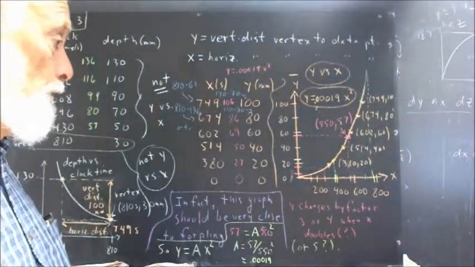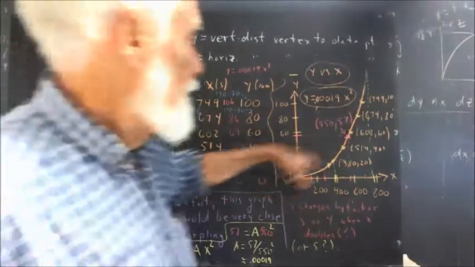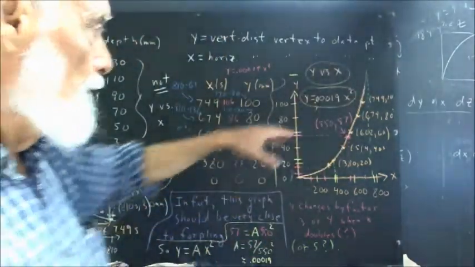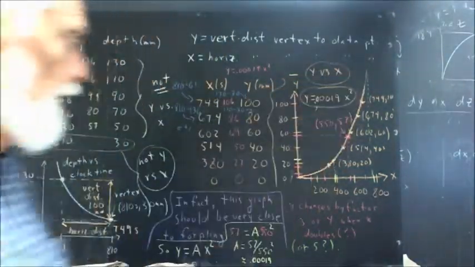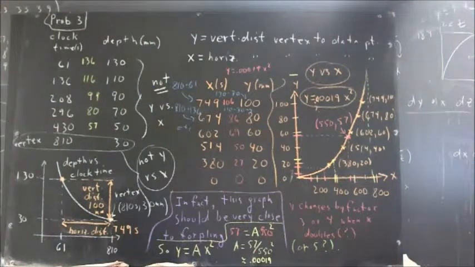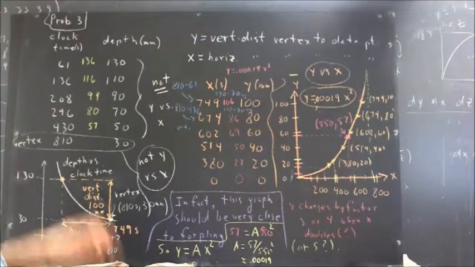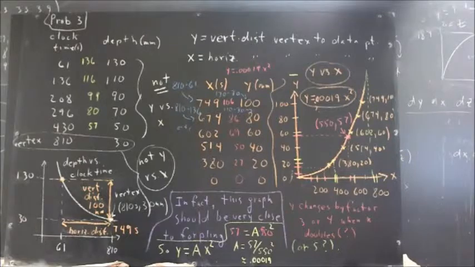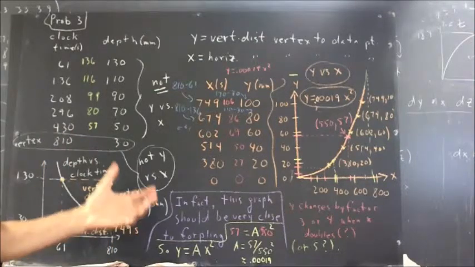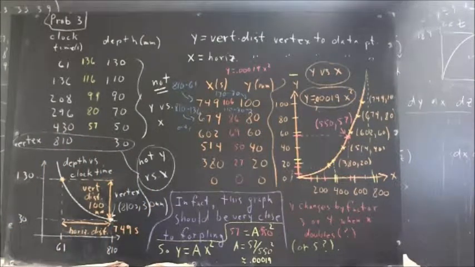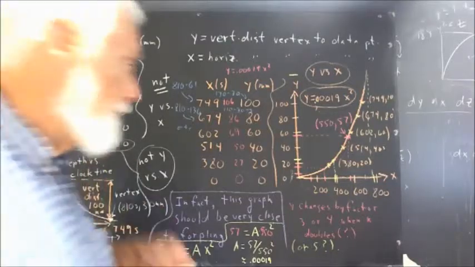Okay, so let's see. We do this, we get this y versus x graph, and then we try to determine the factor by which y changes when x doubles. Okay, now that's where these marks come in.